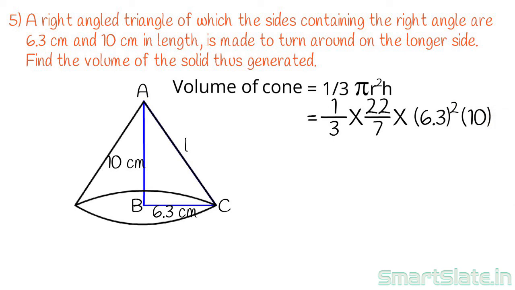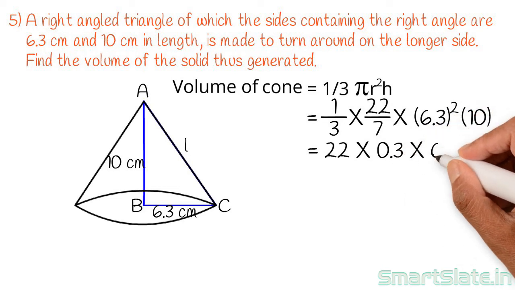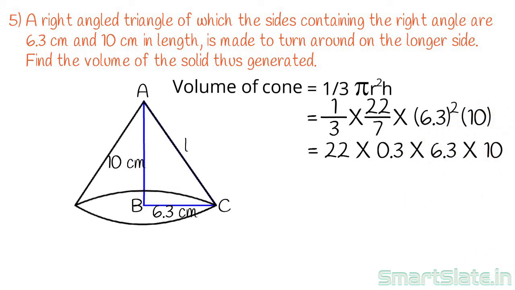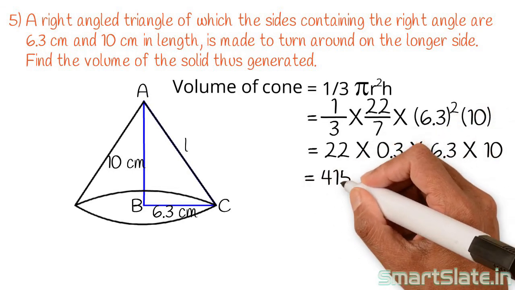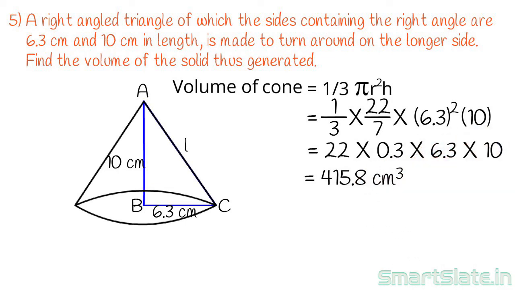After simplification, it is 22 into 0.3 into 6.3 into 10. It is 415.8 cubic centimeters. Volume of the cone is 415.8 cubic centimeters. Let's solve another problem.